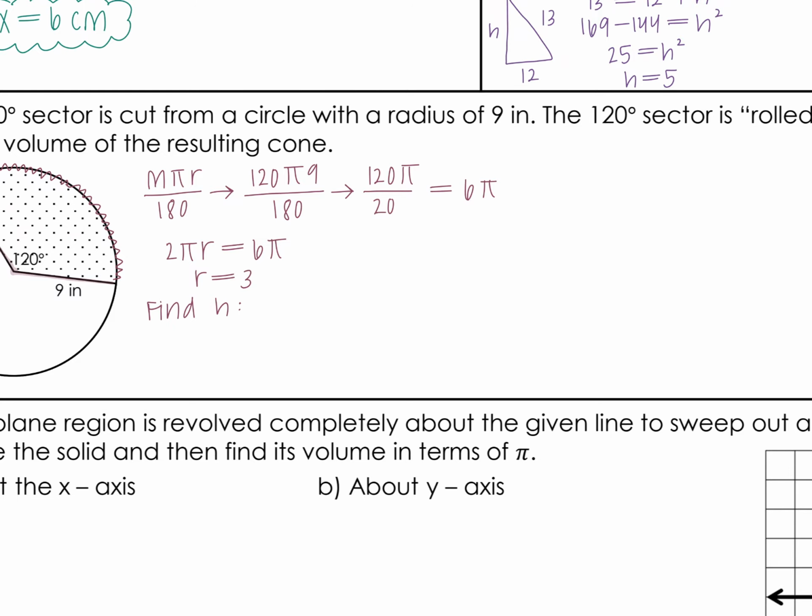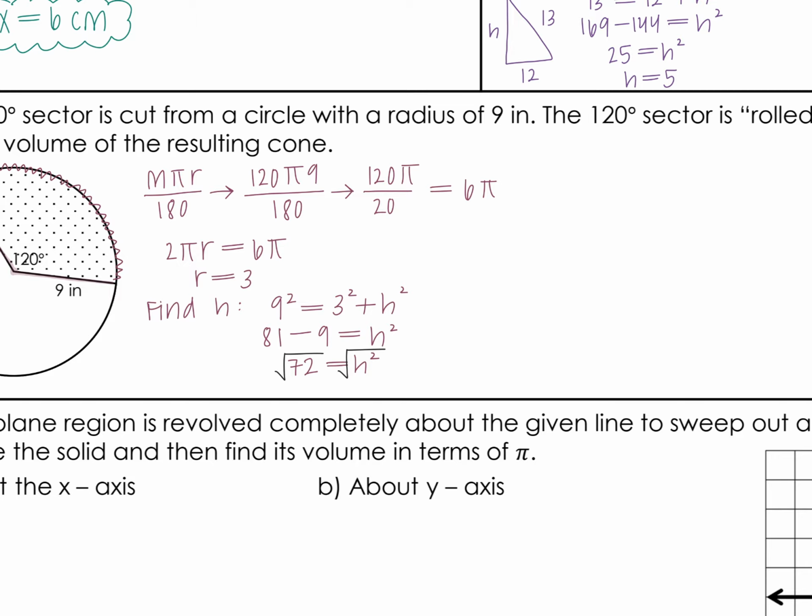All right, so we are going to plug in, we've got our 9 squared is equal to 3 squared plus h squared. We'll get 81 minus 9 is going to be equal to my h squared. And so when we subtract, we're going to get 72 is equal to h squared. I'm going to take the square root of both sides.